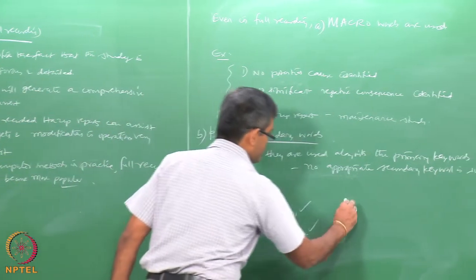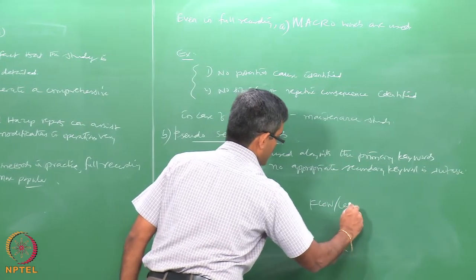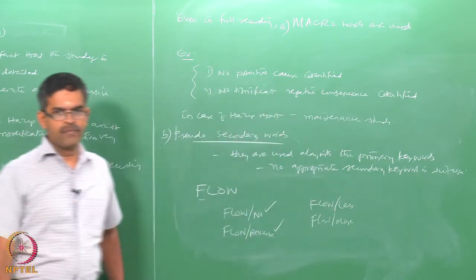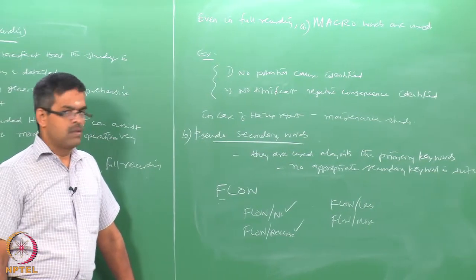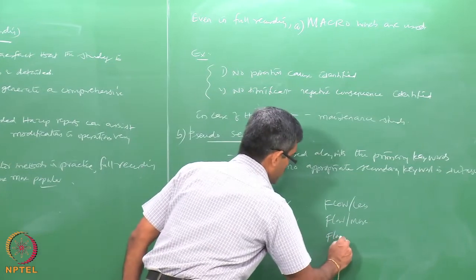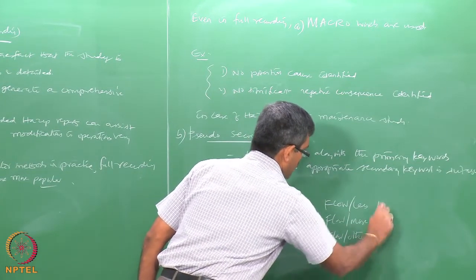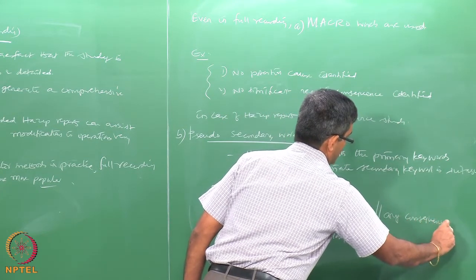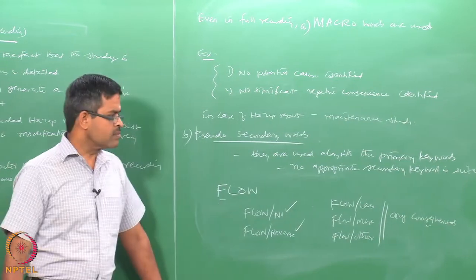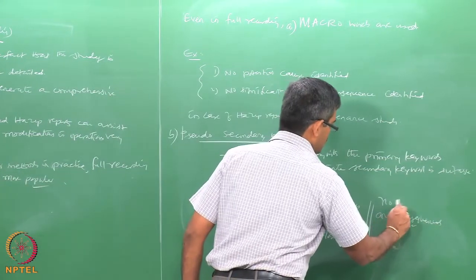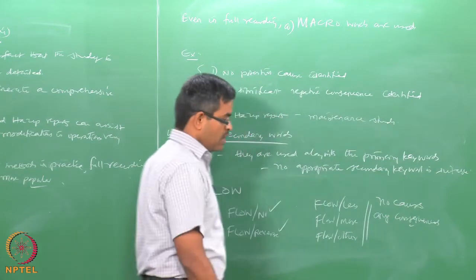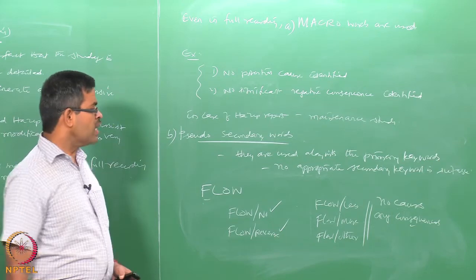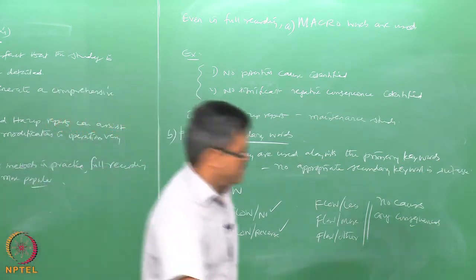Flow less, flow more, etc. Flow others may not have any consequence, or there are no causes identified with these operations. So, one can use a pseudo secondary keyword like this.